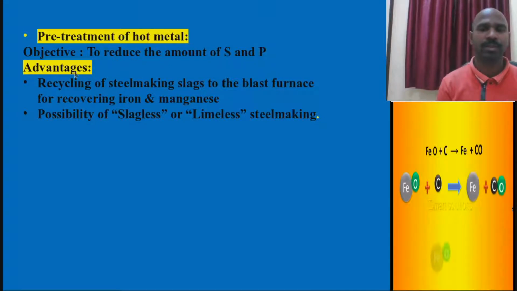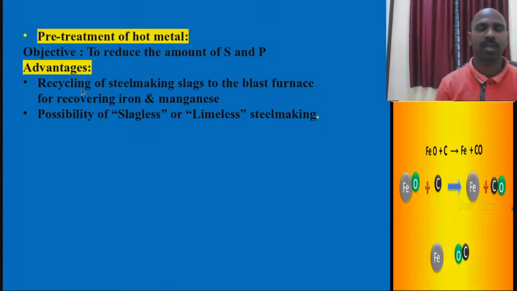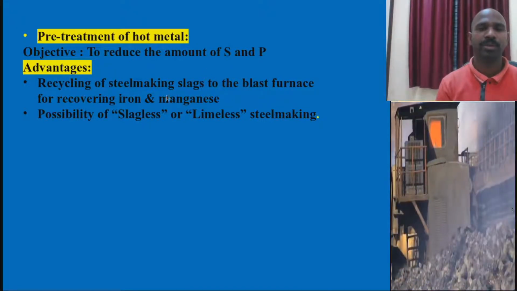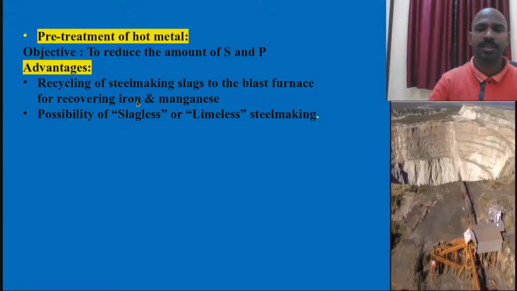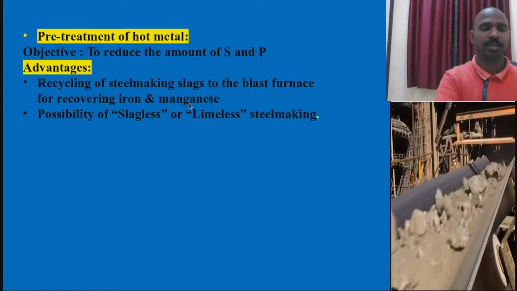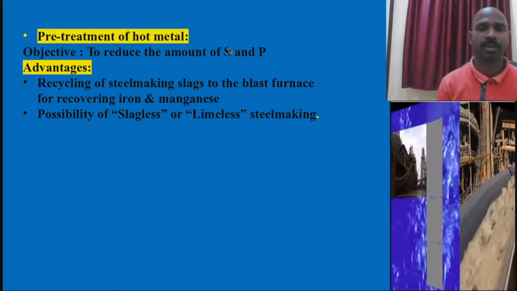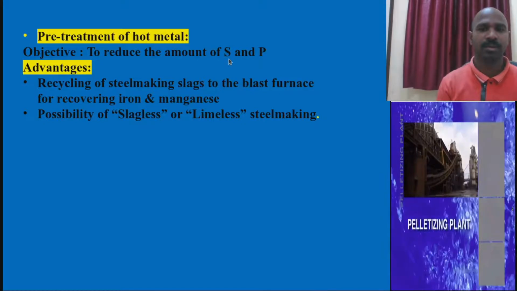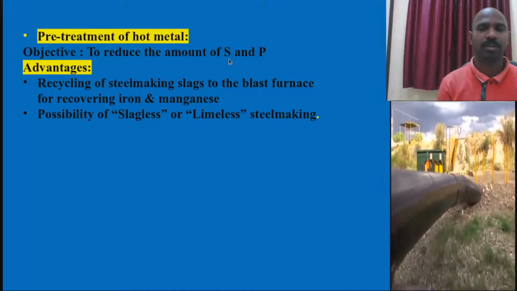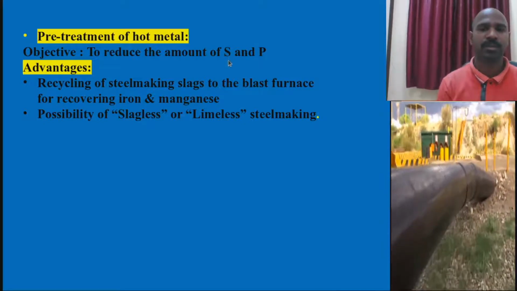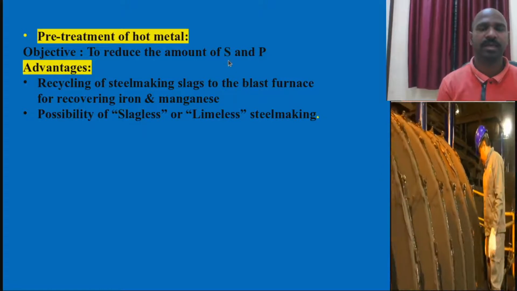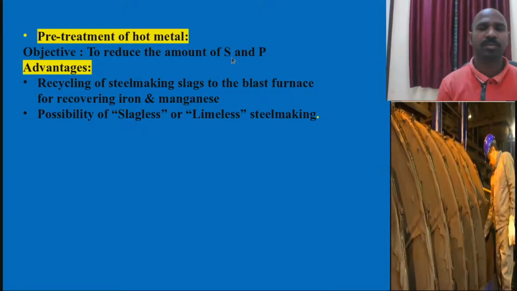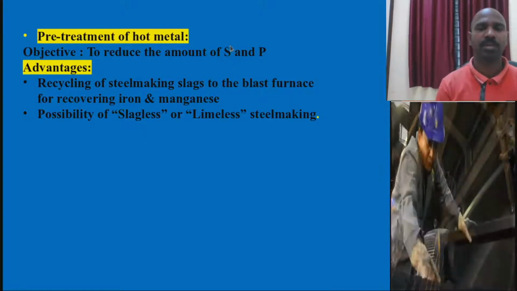The advantage of reducing sulfur and phosphorus is that you can recycle this slag to the blast furnace to recover useful elements such as iron and manganese. But sulfur and phosphorus are useful in a few limited applications. For example, excess sulfur is preferable for getting good machinability.